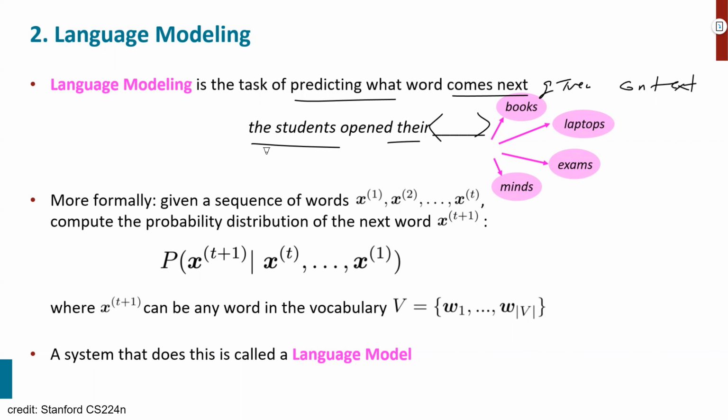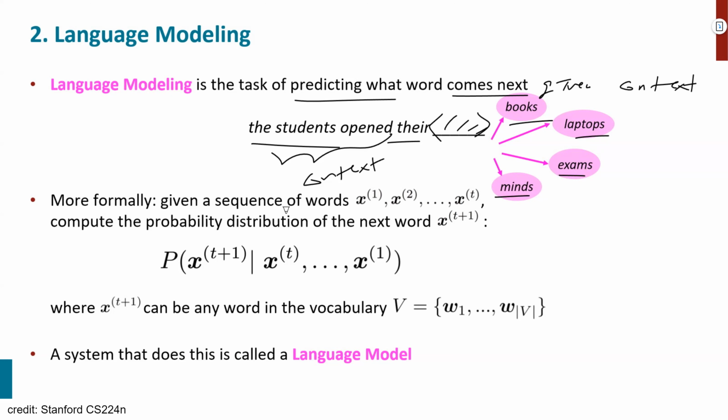So here, "the students opened their" is the context, and this is what we need to predict. And this blank can be books, laptops, exams, or minds.